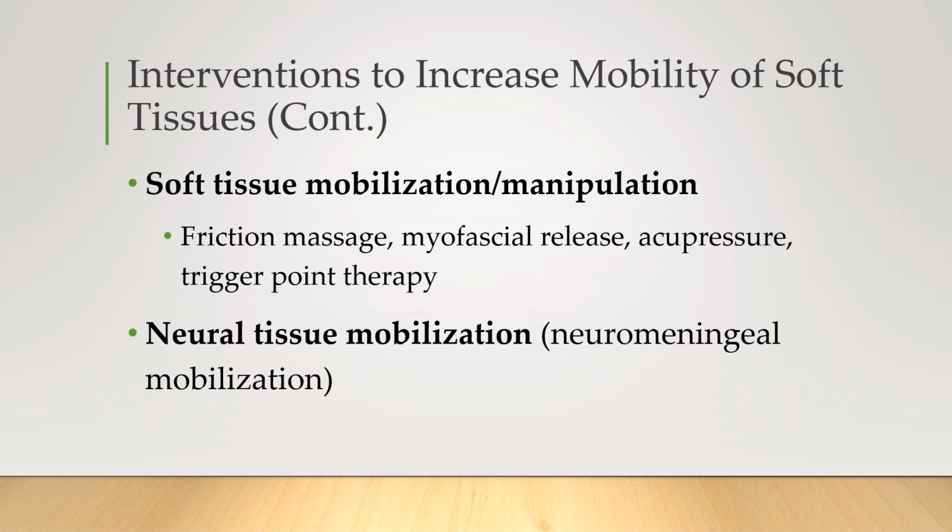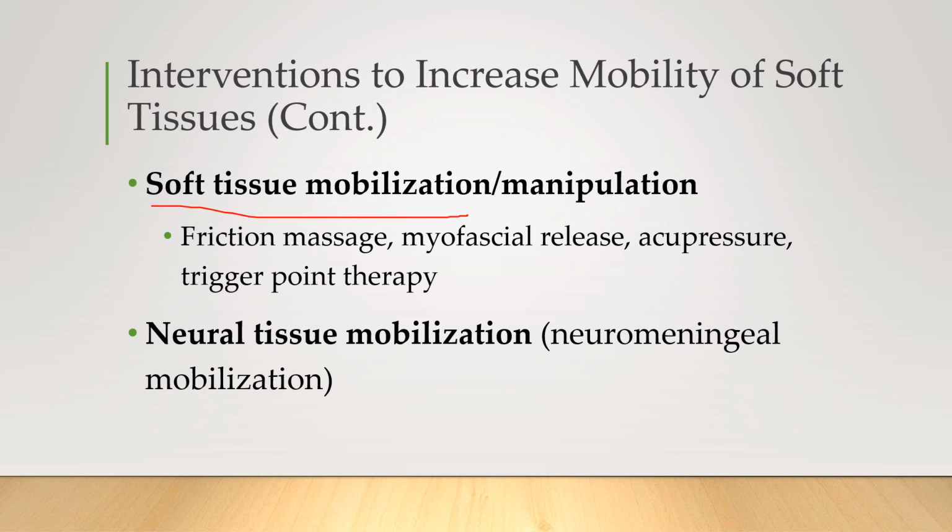There are also some other techniques in general that are going to help improve mobility and soft tissue elasticity. In semester 2, we talked a lot about soft tissue mobilization, and pretty much all of the techniques that we learned had the benefit of improving range of motion and improving circulation.